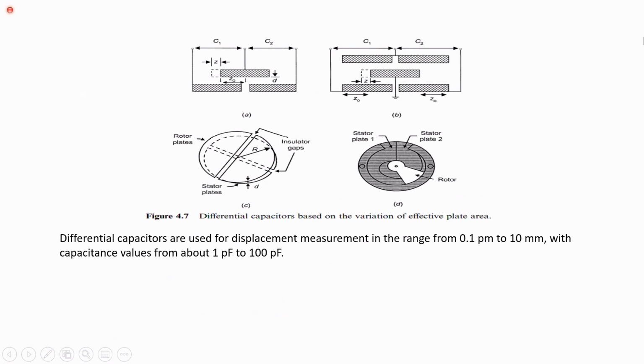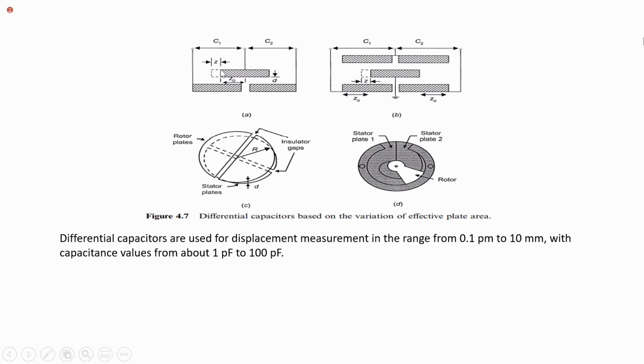And here we have another type of capacitors. C and D are the rotational capacitors, or rotating capacitors. These capacitors are also called differential capacitors. That means in one device, we will have 2 capacitors, like C1 and C2, and one conductor is common for both of the capacitors.